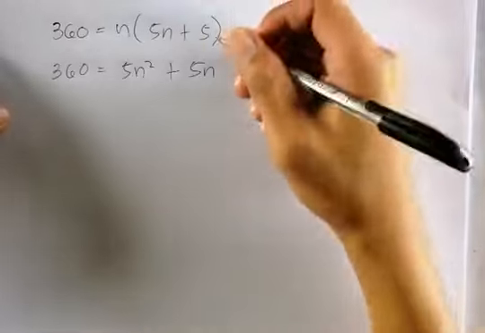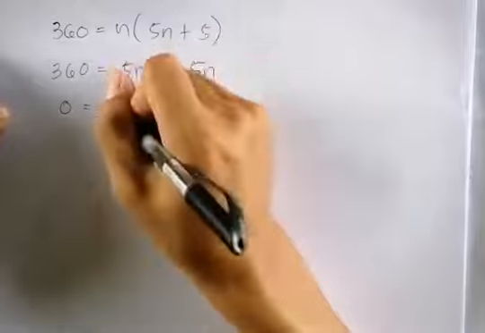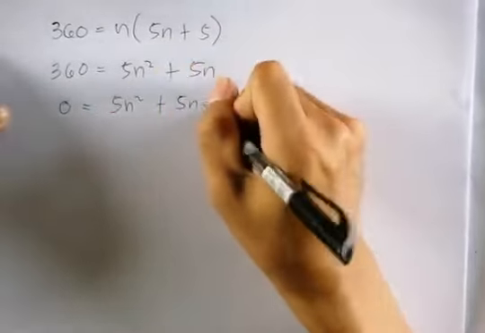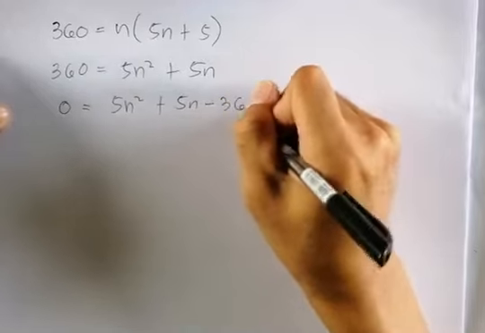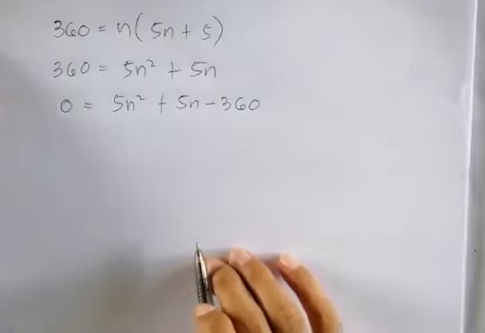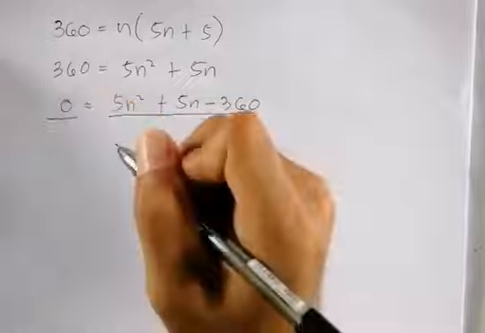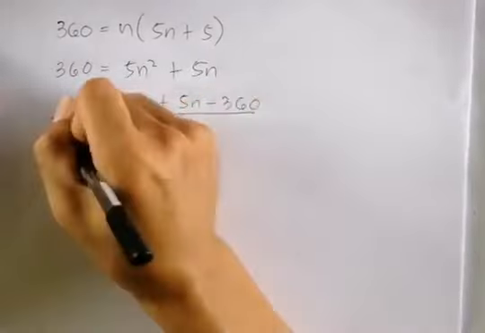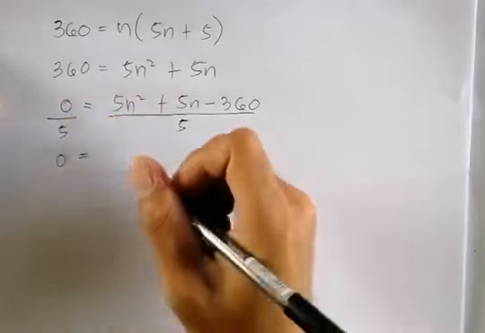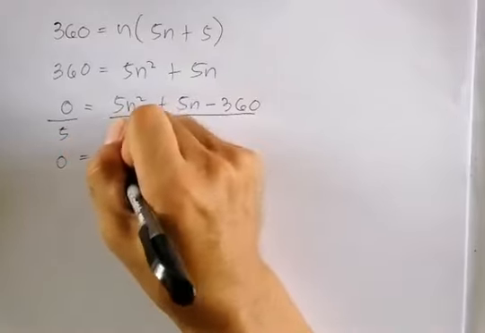And then transform the equation into standard form. So we have 5n squared plus 5n minus 360 equals 0. Then divide both sides of the equation by 5. So since 5 is the common number, we have 0 divided by 5, that is equal to 0. 5n squared divided by 5 is n squared.